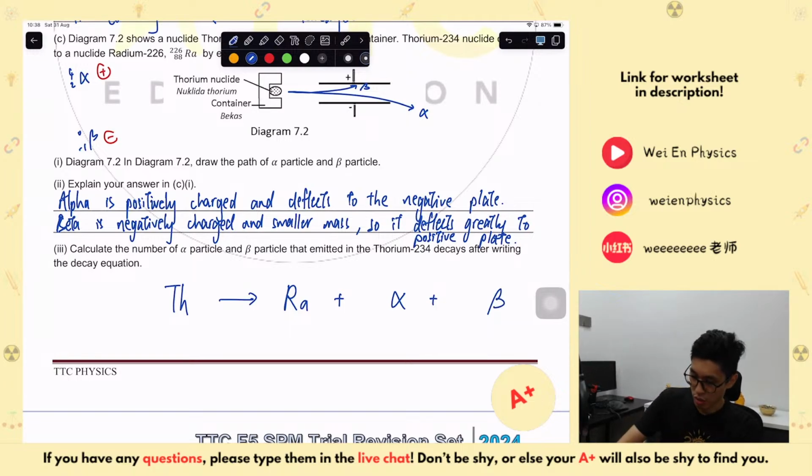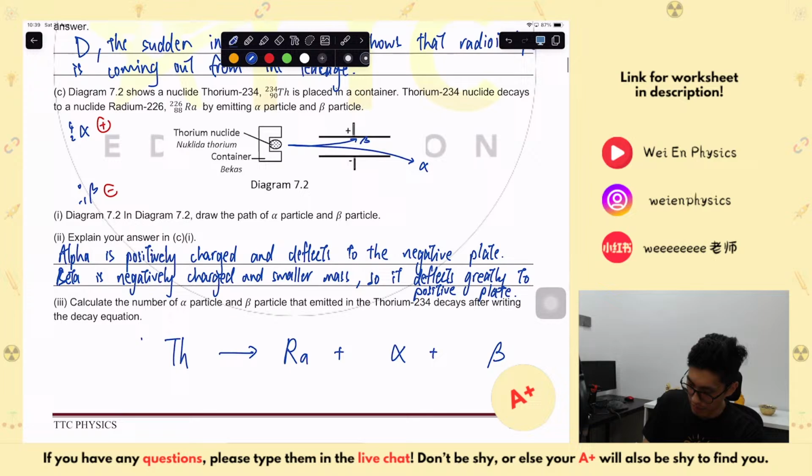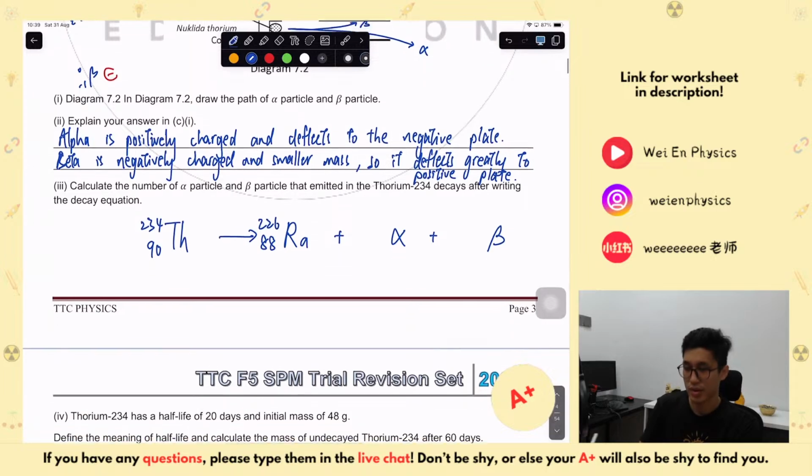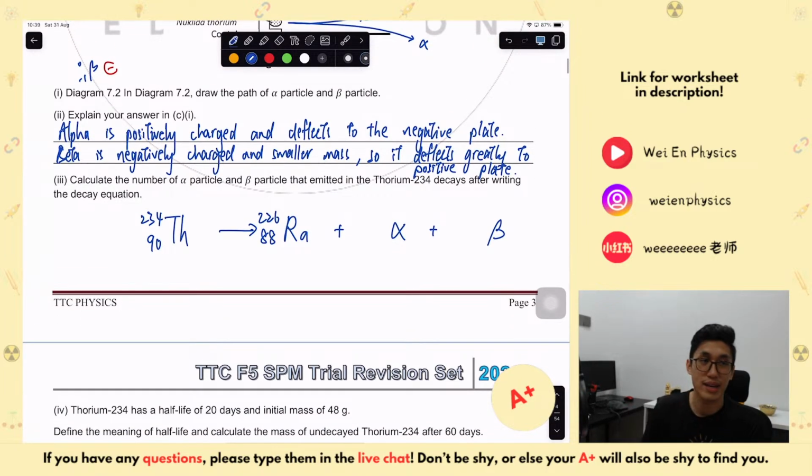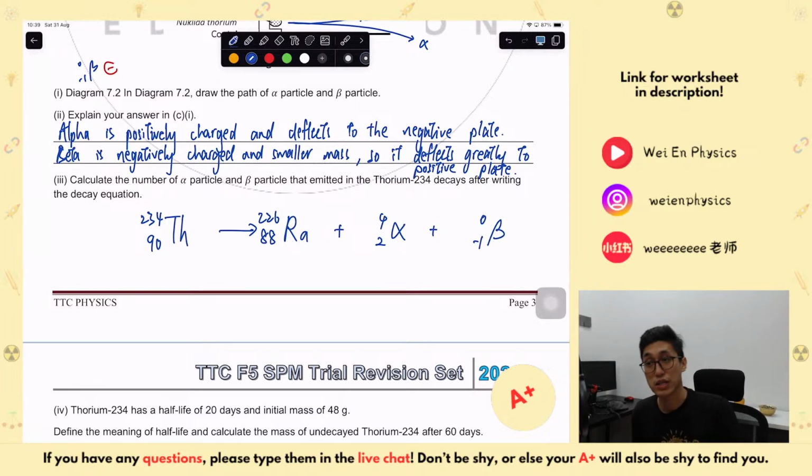So we write down the numbers for thorium and radium first, since they already gave us that. Then we also write down the numbers for alpha and beta first. 4, 2, 0, -1. Make sure you remember alpha is 4, 2, and beta is 0, -1. This is the chemical equation.